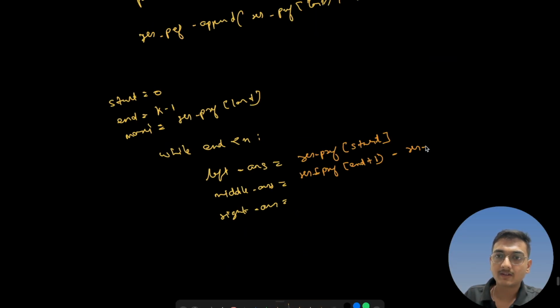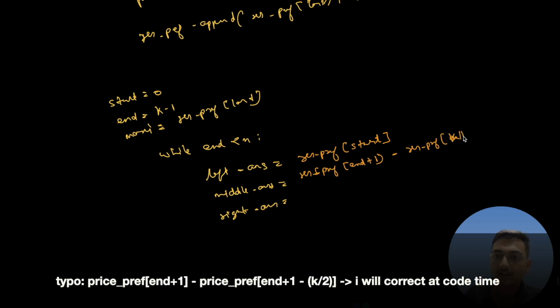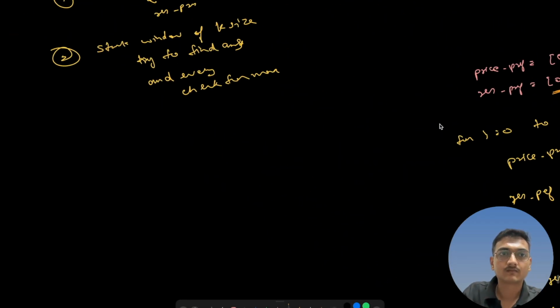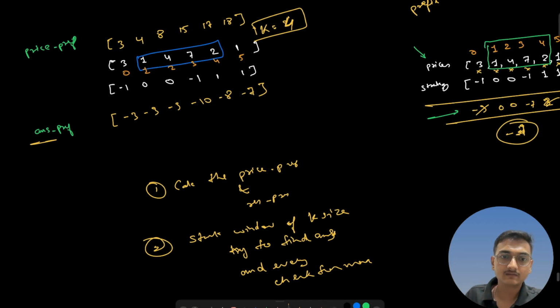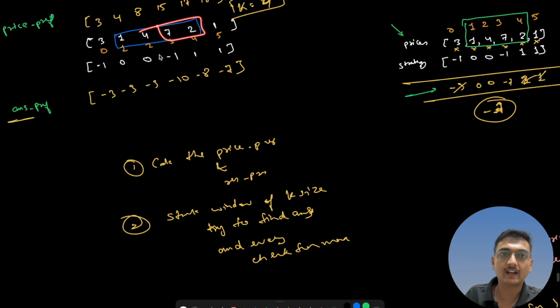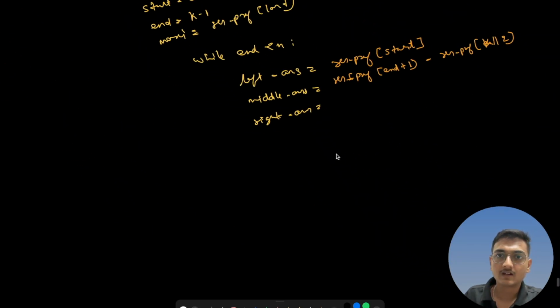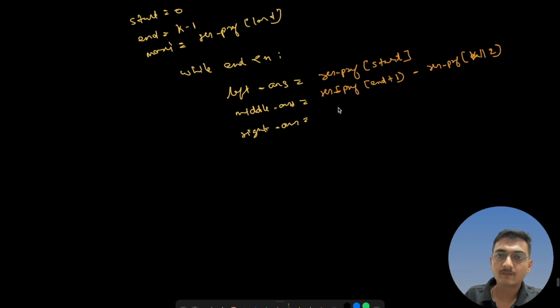Minus result prefix of k plus 1, k divided by 2. So basically result prefix of this number minus result prefix of this number. That way I will get the sum present in this part. So in this case, 9 is the answer. Superb.